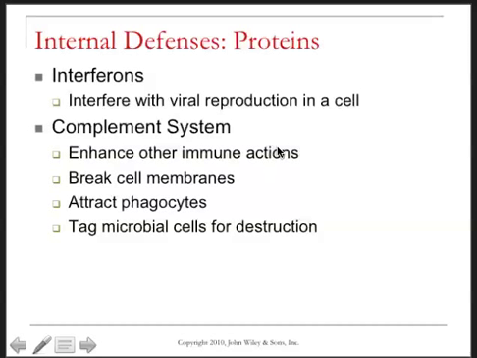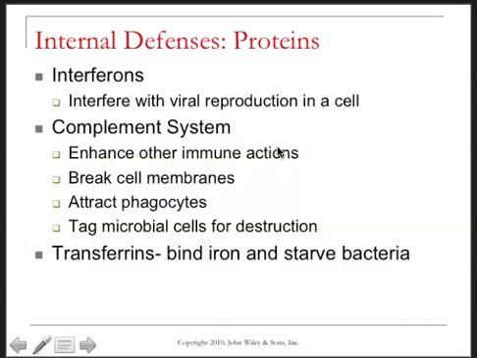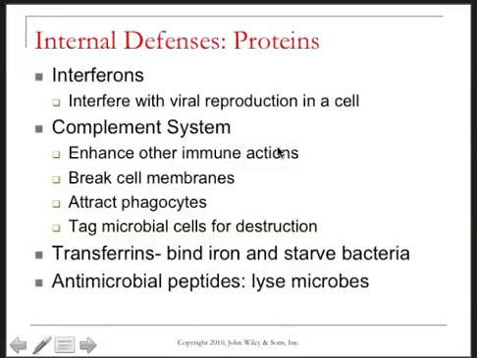So complement relies on specific immunity in order to operate, but again, the mode of attack, the chemical strategy, is the same regardless of the identity of the pathogen. Transferrins bind iron and they starve bacteria, and there are also antimicrobial peptides that can lyse microbes. Examples of these would be things like perforin, okay, which pokes holes in microbial membranes and causes them to bleed out.